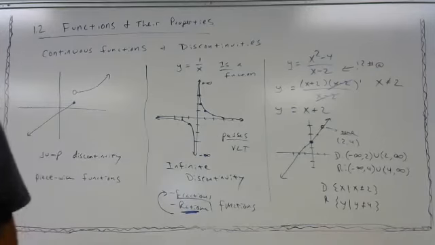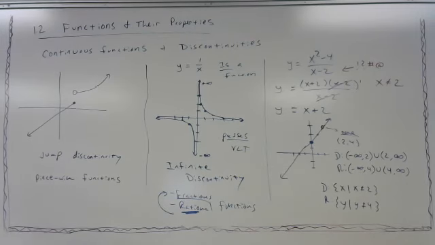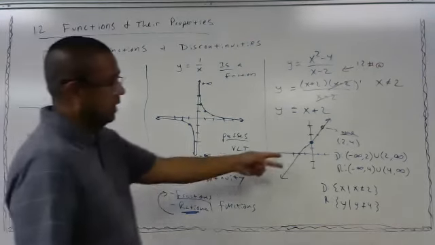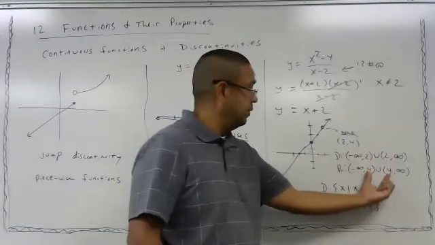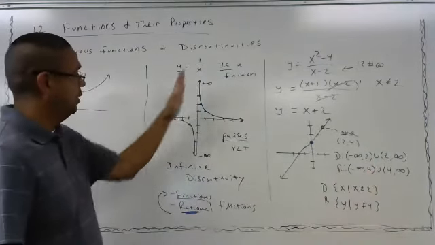Can the y be 0 on that one too? No, the y could not be 0. So that one, domain and range look the same. It would look exactly like this, but you would replace 2 and 4 with 0, 0, since I can't get to 0 this way or this way.